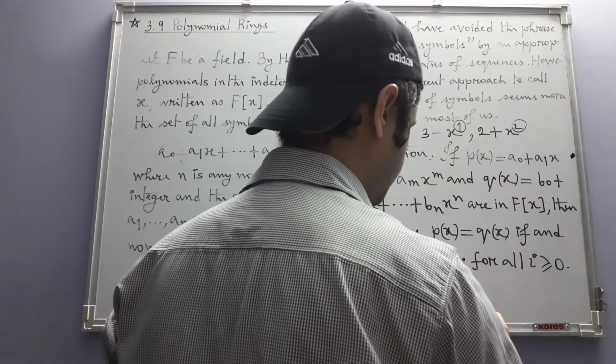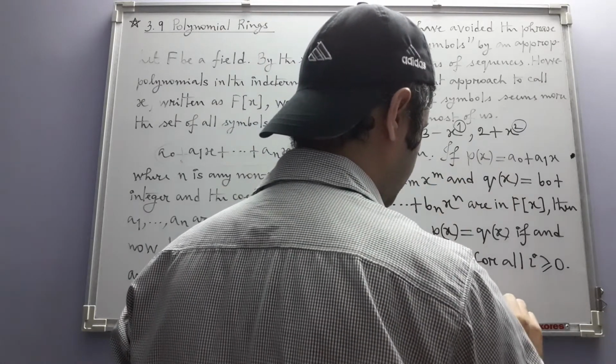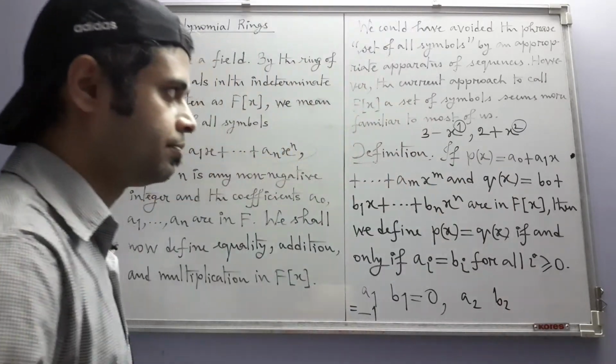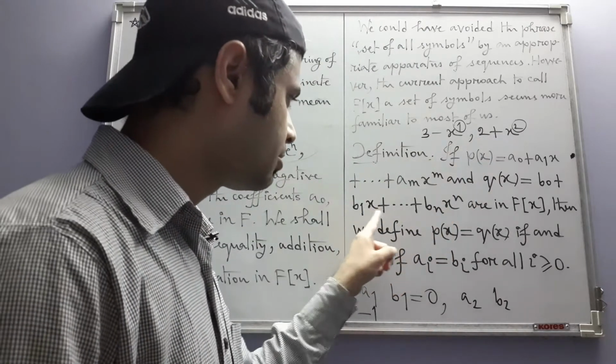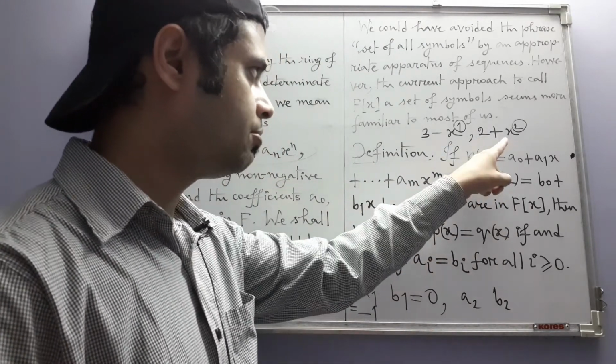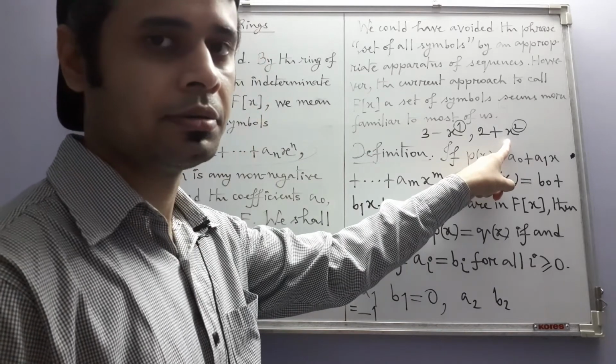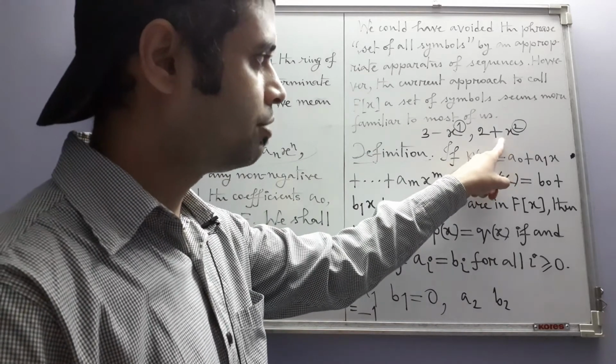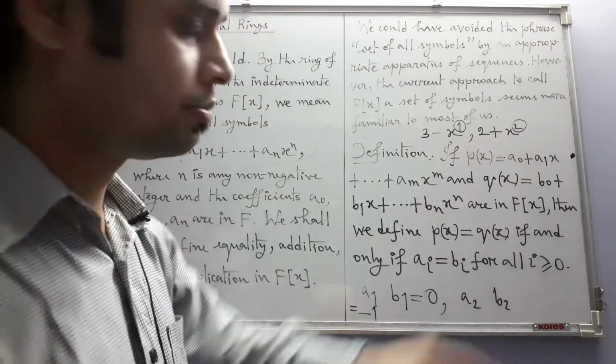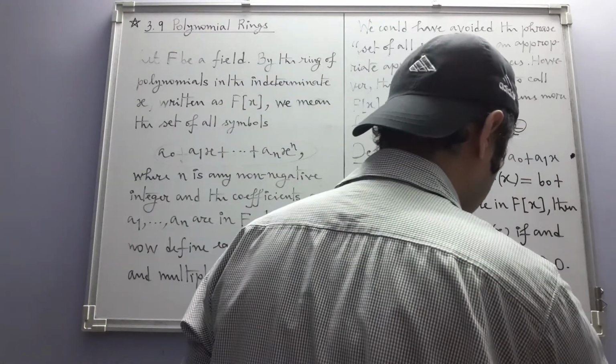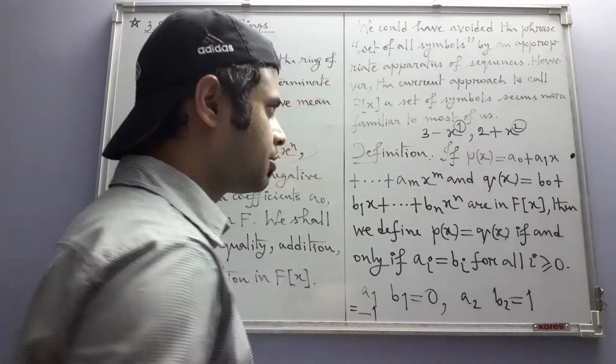What about a2 and b2? b2, according to this notation, is 1 because that is the coefficient of x square. But what about a2?